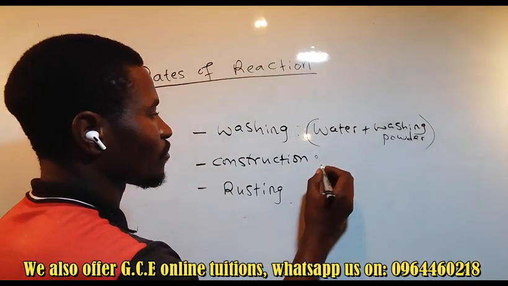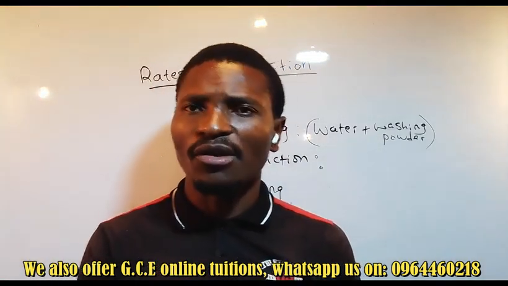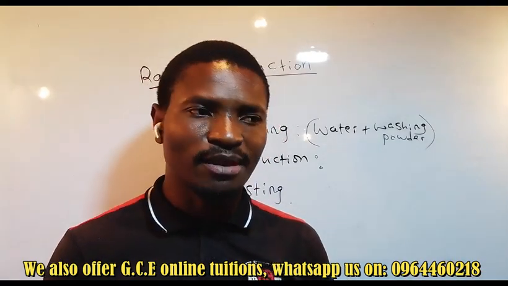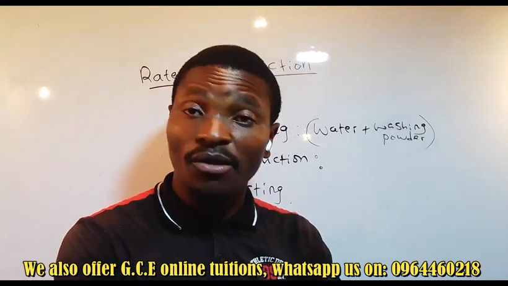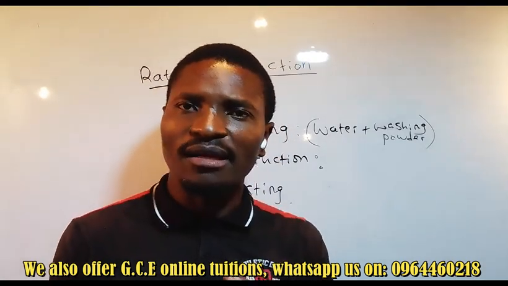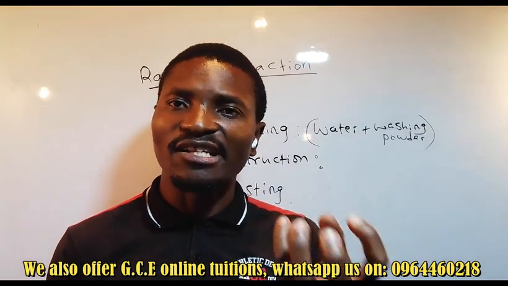And then when you talk about construction, you have seen most of the people that construct, maybe they are making concrete, they mix it, but it is very slow for the concrete to harden.